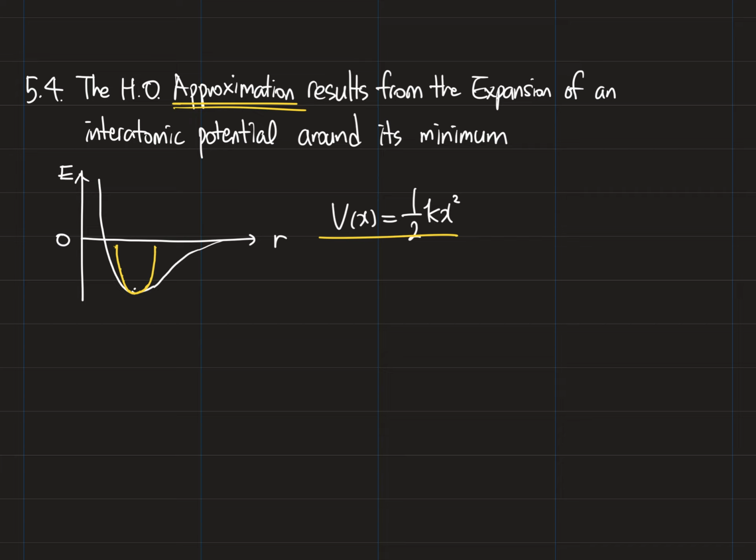So let's look at the characteristics of the real internuclear potential and compare that with the harmonic oscillator. For small internuclear distance, this part, the potential energy rises very rapidly for the real molecule.